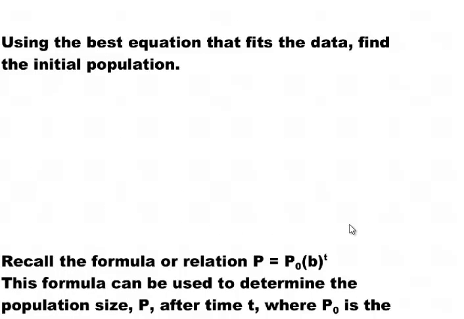The next part of the question says, using the best equation, which was the exponential that fits the data, find the initial population. To do this one, again we can use the equations that we found before, or we can use the graph.